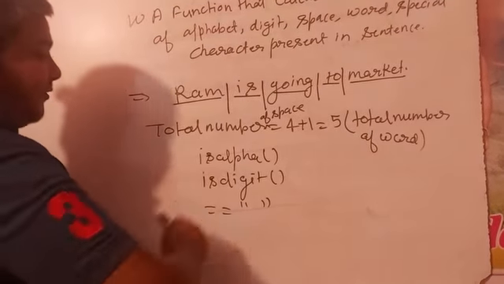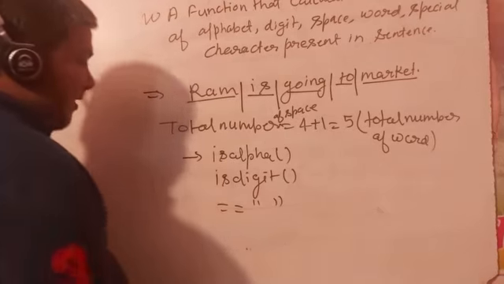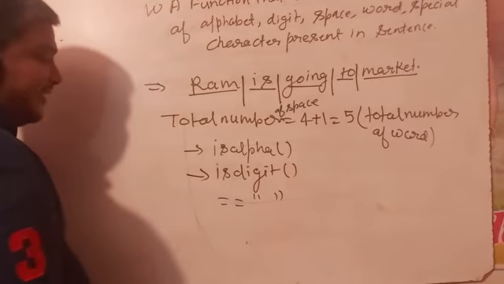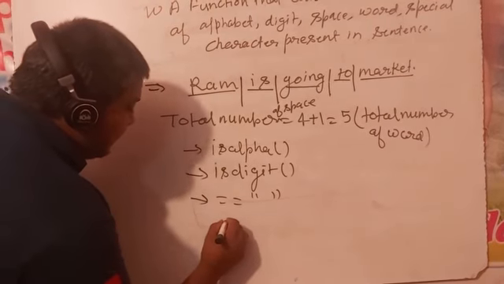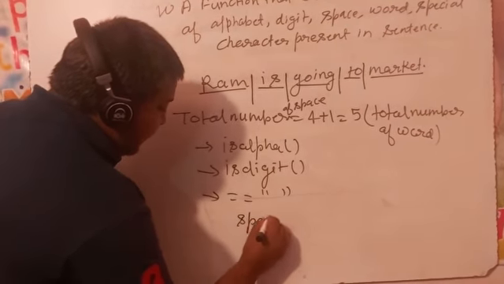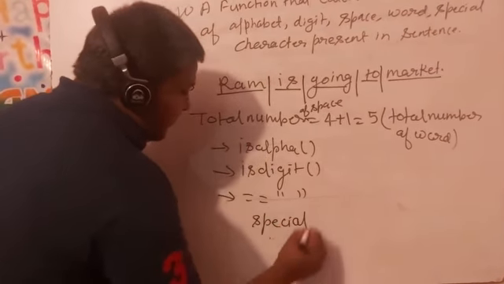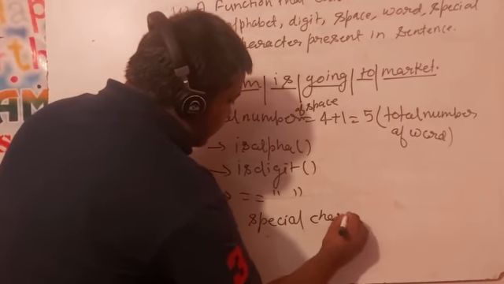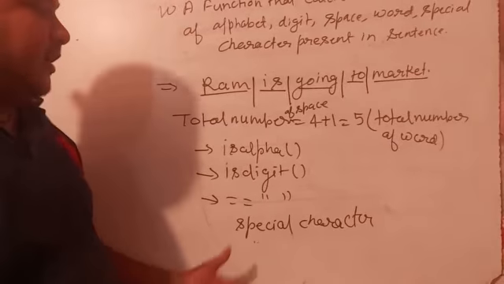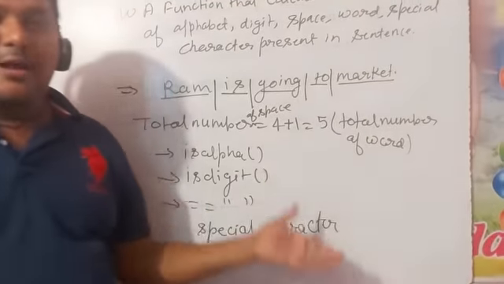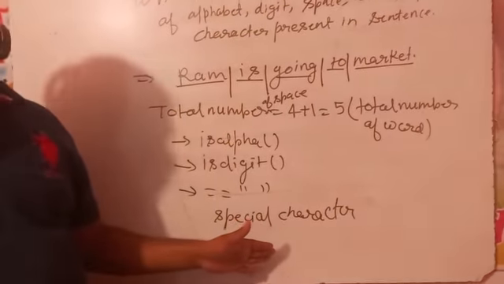And if it is not an alphabet, not a digit, not a space, then what is left? That means it is a special character. So this is the algorithm by which we will make the program.